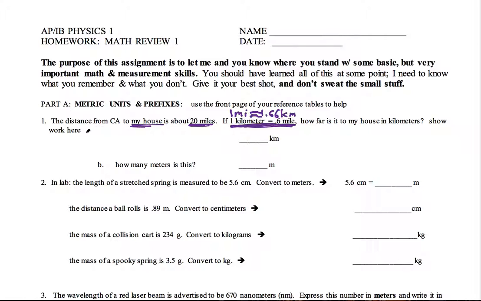So all I need to do from here is take my original measurement of 20 miles and multiply by my new conversion ratio. And I'll also do it the other way with the other conversion ratio to show you can do it either way. So we take our original measurement, 20 miles, multiply it by 1.66 kilometers for every 1 mile.